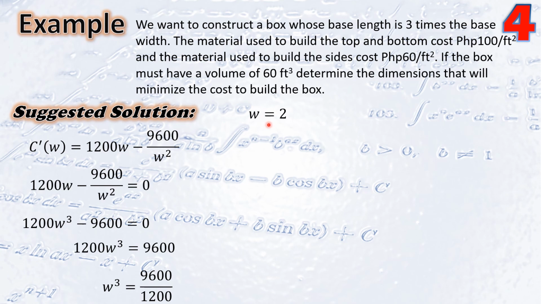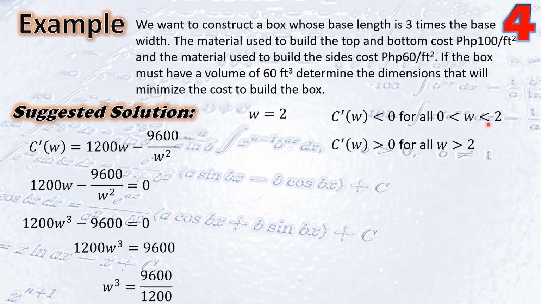The only critical number is 2, and from here it is clear to see that C prime of W is less than 0 for all values of W between 0 and 2. Also, C prime of W is greater than 0 for all W greater than 2.